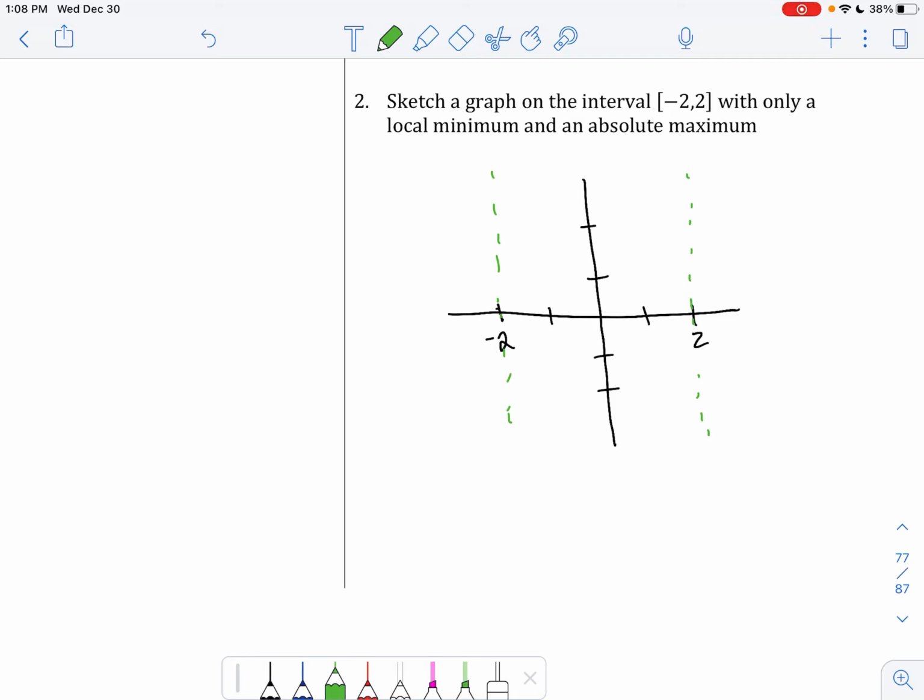If it has a local minimum, what I can do is I'll just draw in a point here that's going to be the parabola, and it can be anywhere. So I'll say, okay, well, there's the local minimum, and we're not going to have a parabolic absolute maximum.